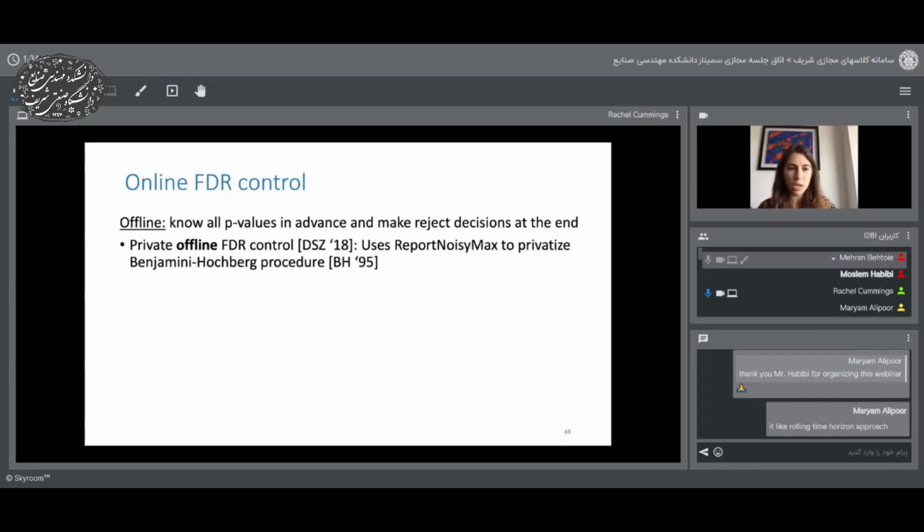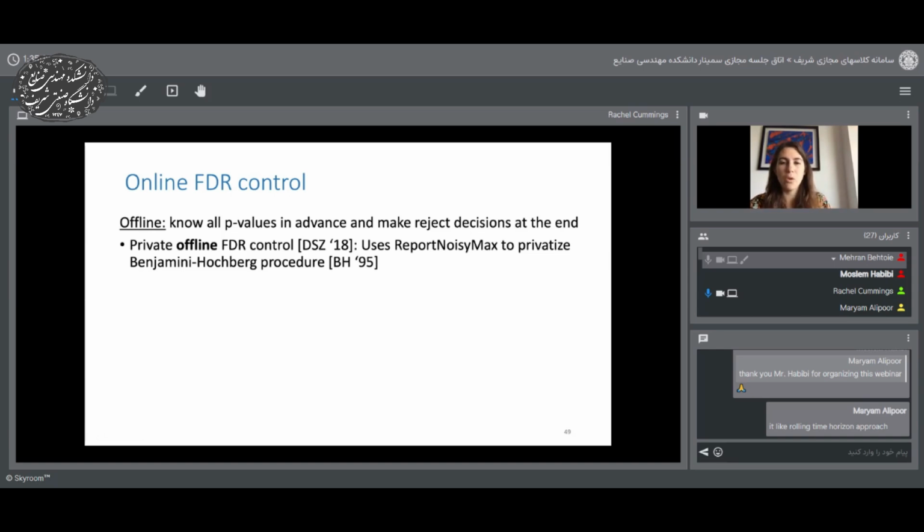There was a paper in 2018, and the key idea is they're going to use report noisy max that we saw previously to privatize the best known non-private offline FDR control algorithm, which is known as the Benjamini-Hochberg procedure. And this is the approach where you take them all and you reject the k smallest ones.